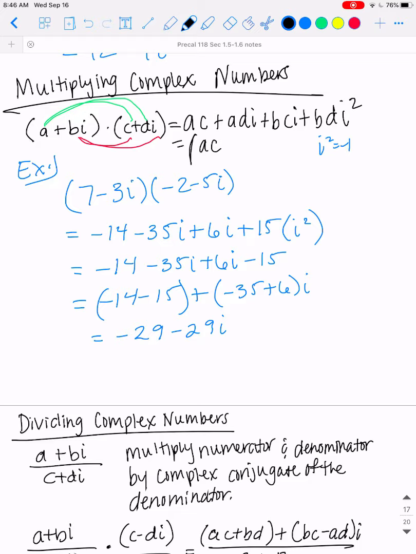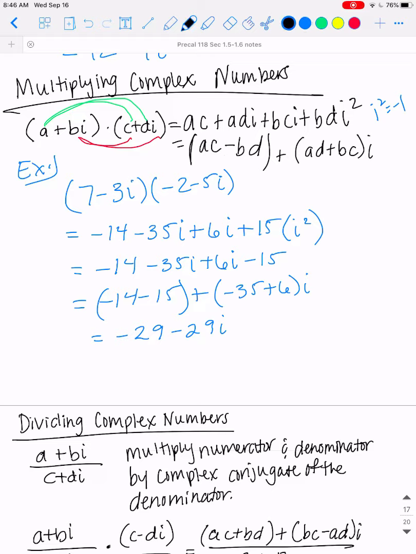So we're going to go ahead and do that now. So ac minus bd, plus, let me move this i squared out of the way for now, ac minus bd plus we have ad plus bc times i.